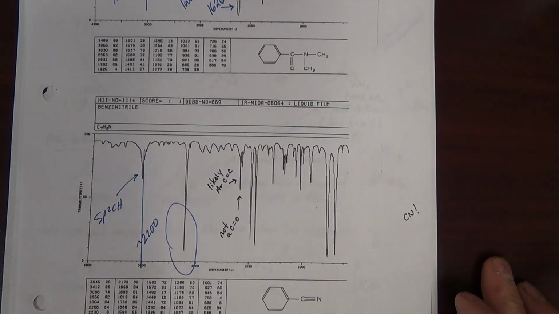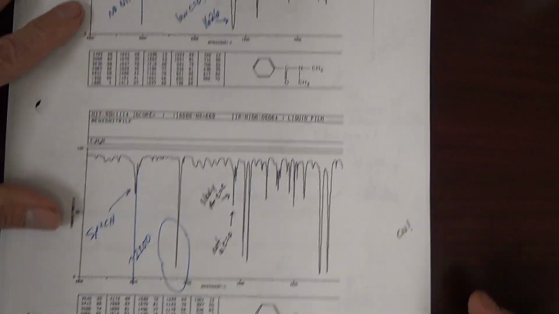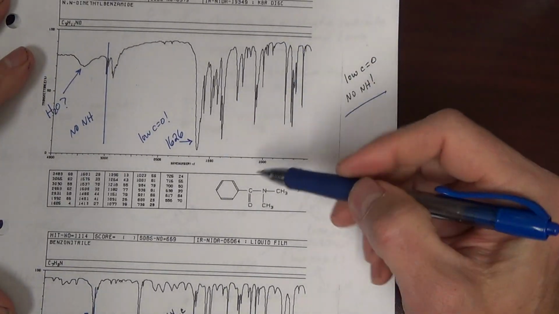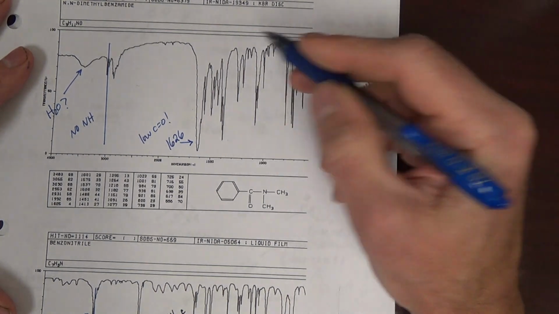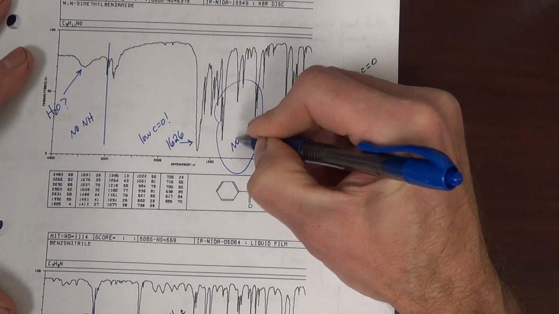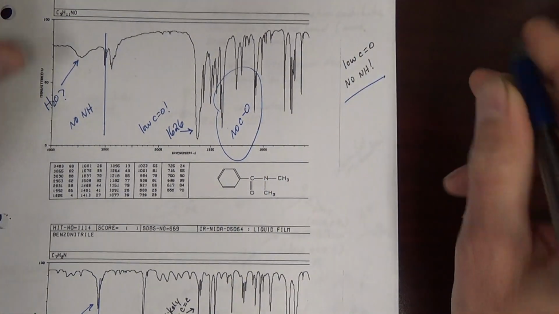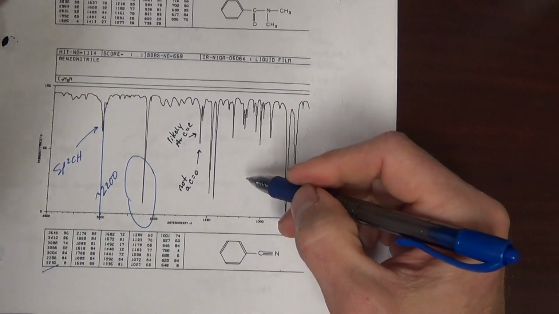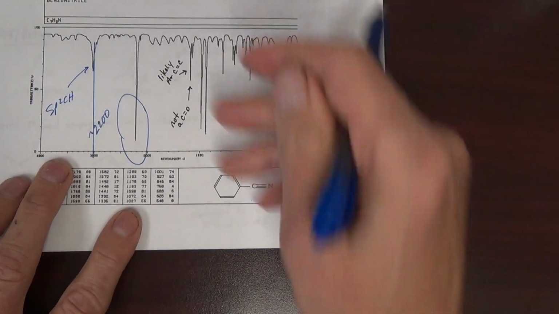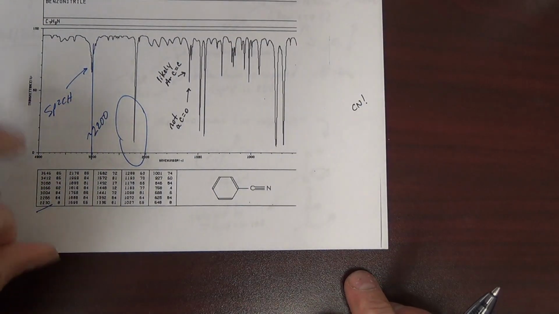Fingerprint. By the way, you remember the CO in the fingerprint? You see how at 12 to 13, there's really no CO. Of course, there's no strong peak here either for the CO, because these molecules don't have that.